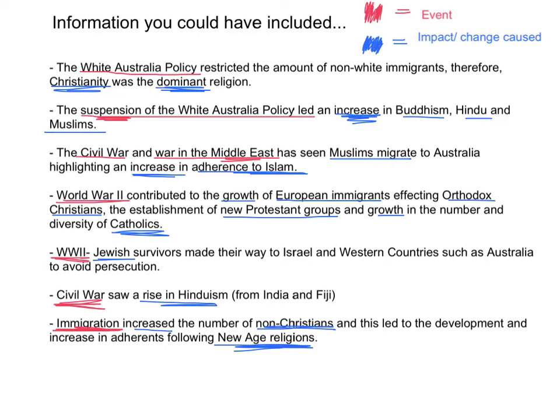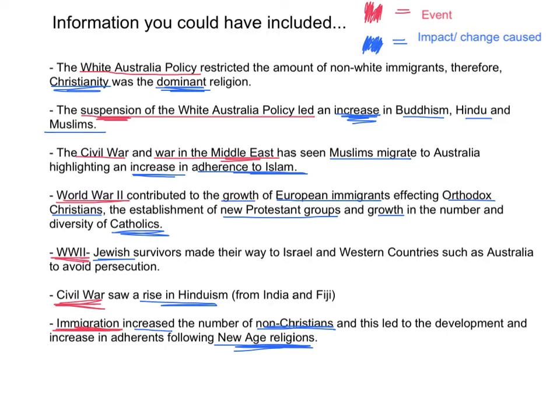World War II was quite significant, firstly because it contributed to the growth of European immigrants, and this affected Orthodox Christians, also the establishment of Protestant groups, and the growth in number and diversity of Catholics. It also impacted upon Jewish adherents in the sense that they were fleeing persecution by the Nazis and often found their way to Israel or other Western countries such as Australia.